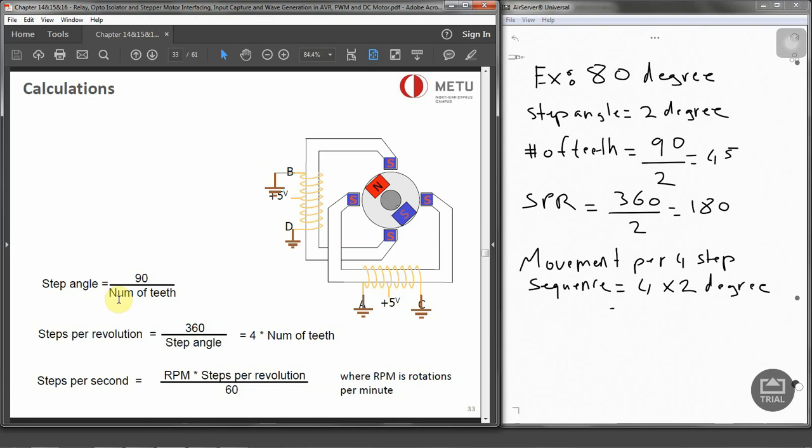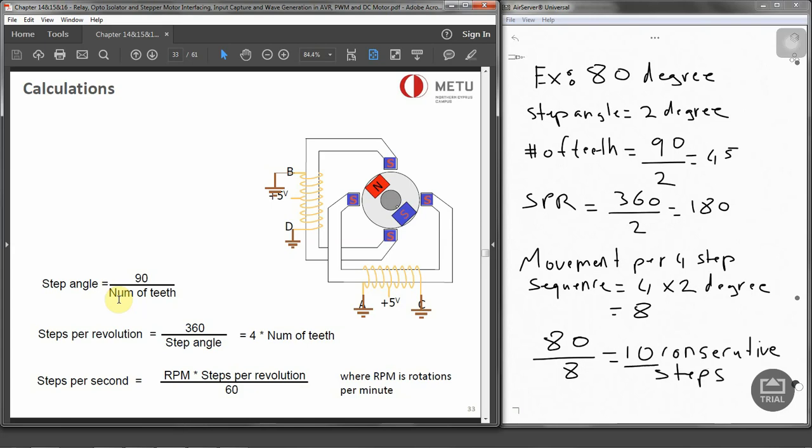Now, to move the rotor 80 degrees, as it's asking us, we just need 80 degrees divided by 8, which will give us 10 consecutive sequences.